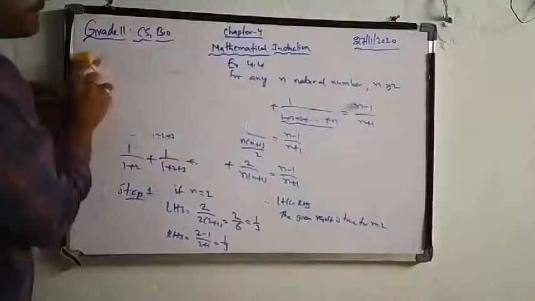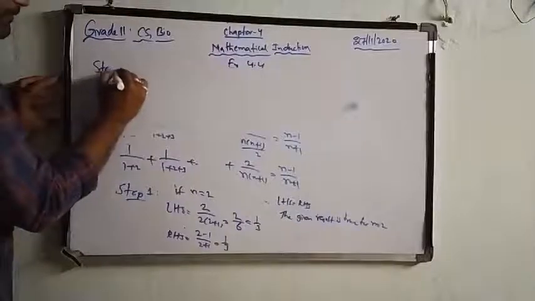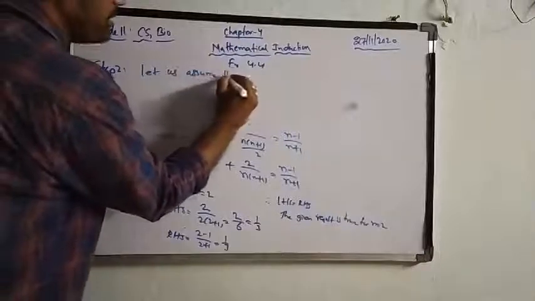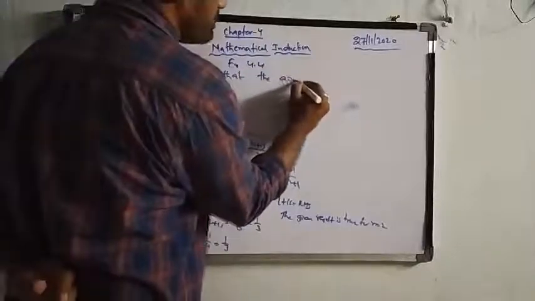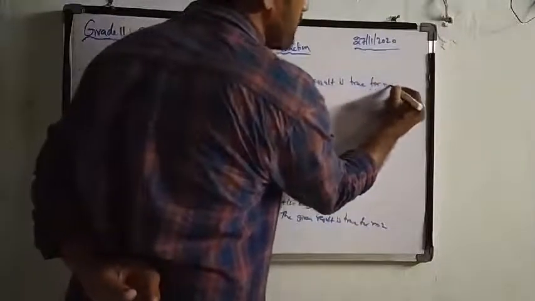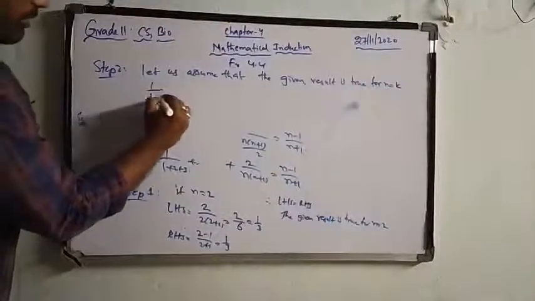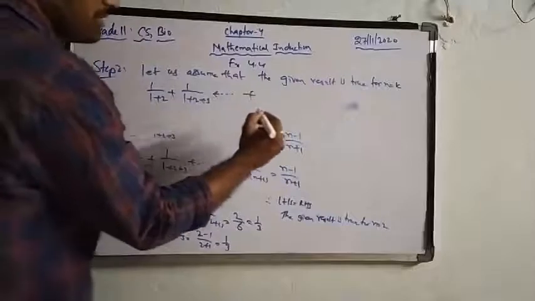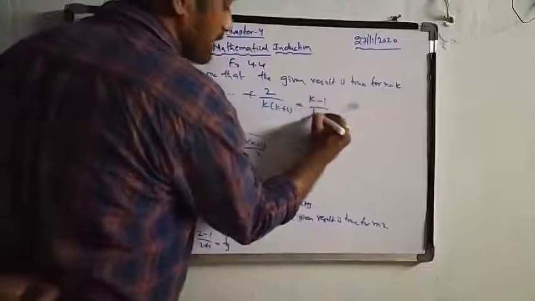Next, step 2. Let us assume that the given result is true for n equals k. If I am assuming that the given result is true for n equals k, it will be 1/(1+2) + 1/(1+2+3) + and so on + 2/(k(k+1)) = (k−1)/(k+1).